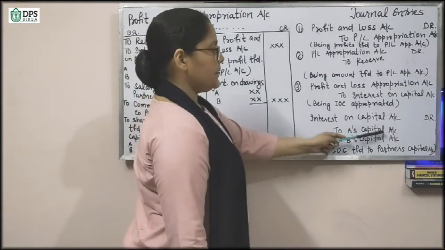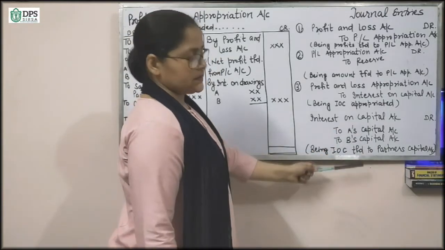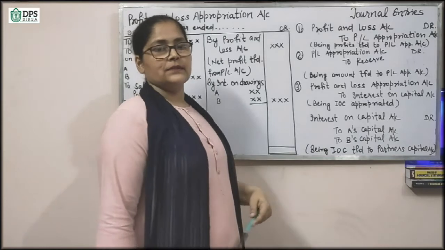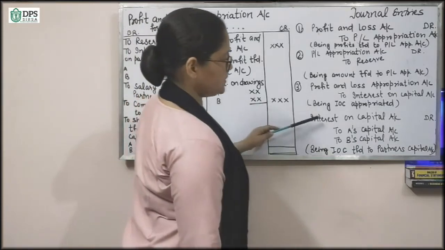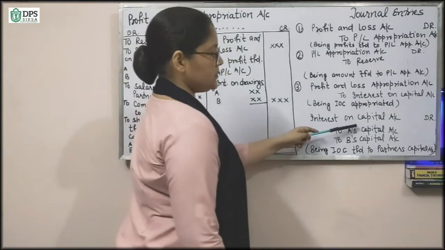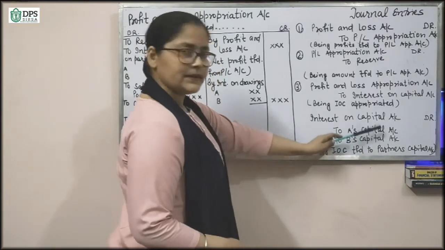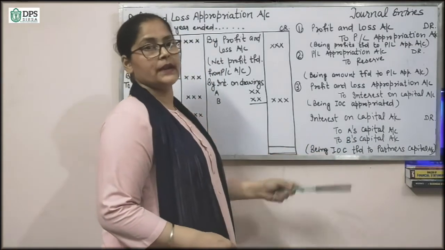So to A's capital account, to B's capital account, and for the number of partners' capital accounts, you can write whatever is given in the question. Interest on capital account will be debit to A's capital account and B's capital account, which will be credited.